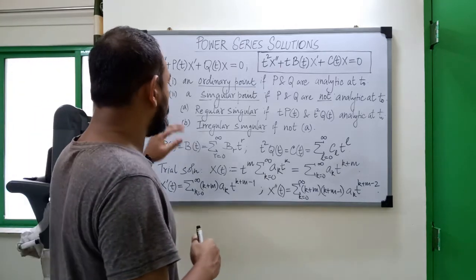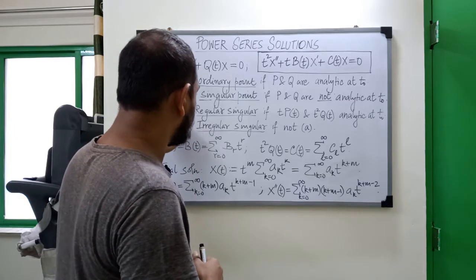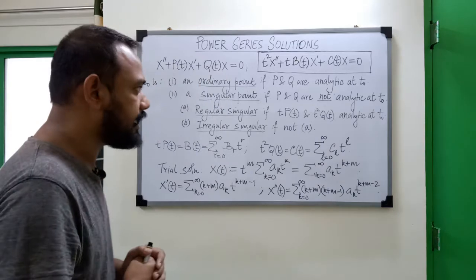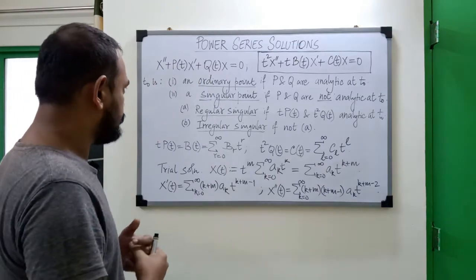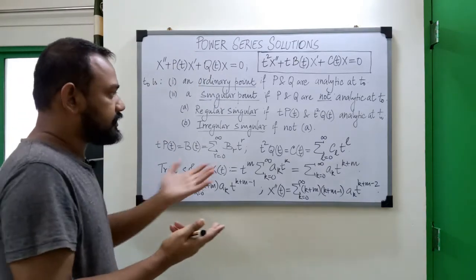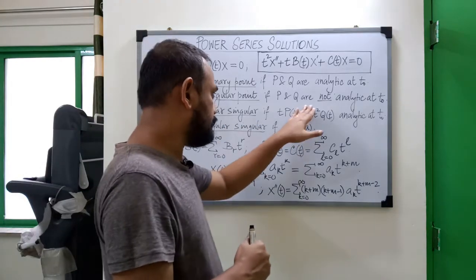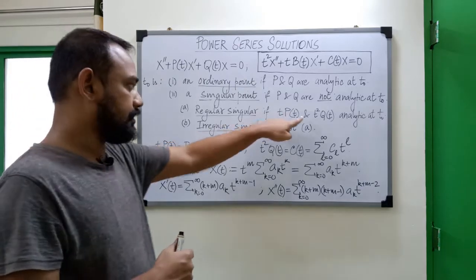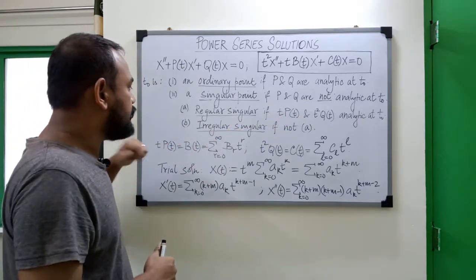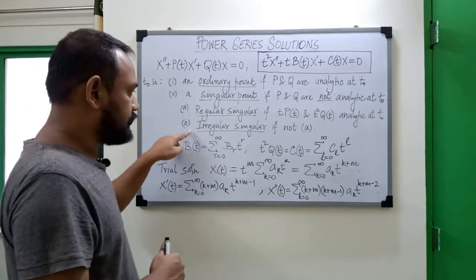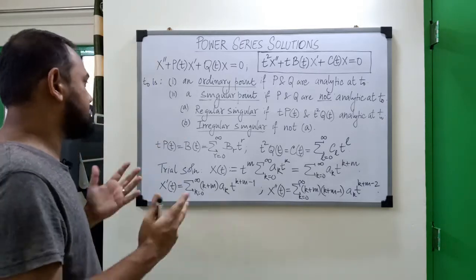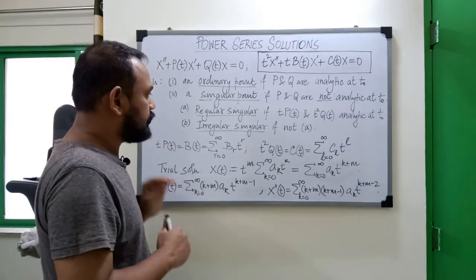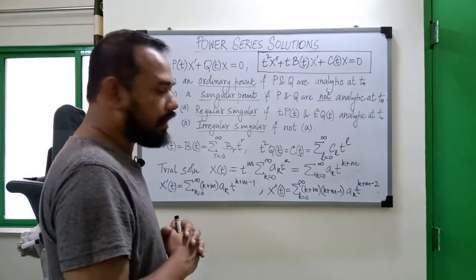So even though t0 would be a singular point, because it's regular, or in other words, P and Q follow these two particular conditions, we can actually work out a solution for the problem. However, if P and Q are not analytic, and if they don't follow the particular condition given in part A, then t0 would be called an irregular singular point, and we would not generally have a solution by power series if t0 is an irregular singular point.